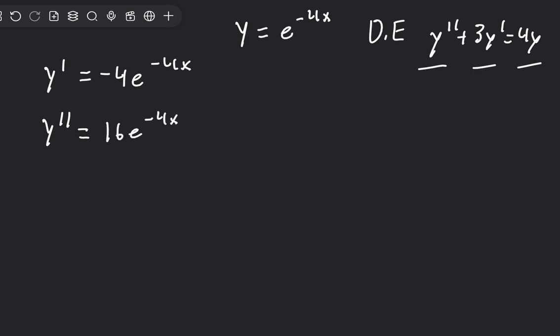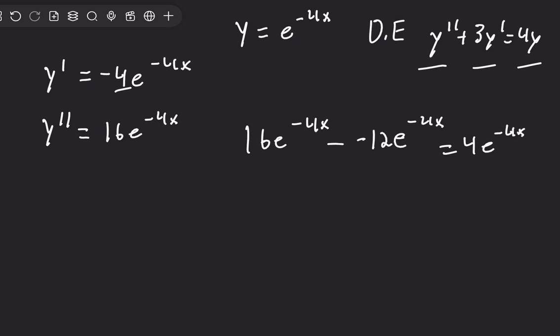Okay, so now that we have our equations, we just plug them in. So 16e to the negative 4x minus 3 times this is going to be negative 12. Negative 12 e to the negative 4x equals 4 e to the negative 4x.